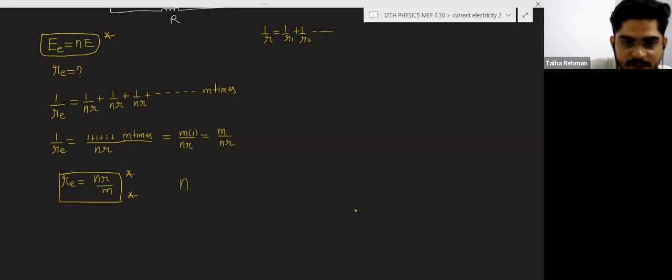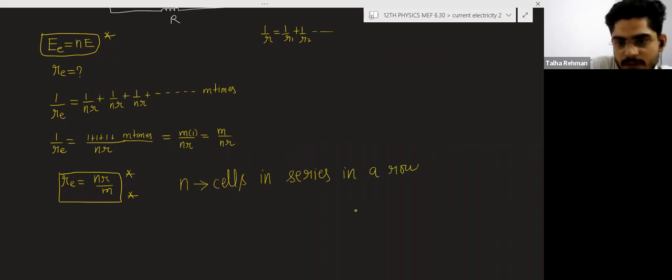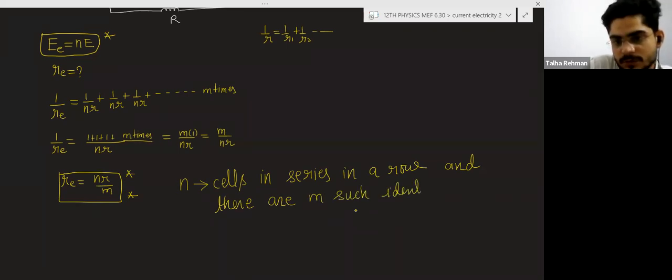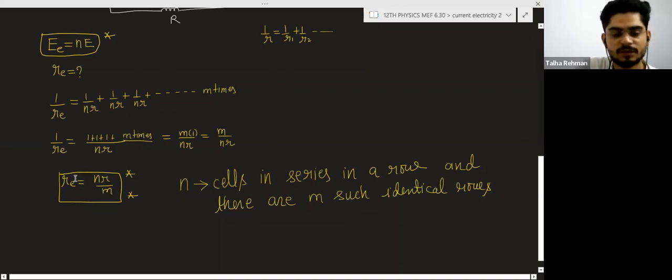So you have connected n cells in series in a row, and there are m such identical rows. I will use this formula in the next numerical.